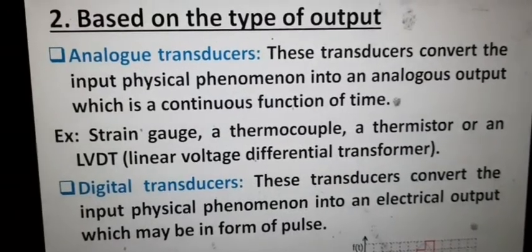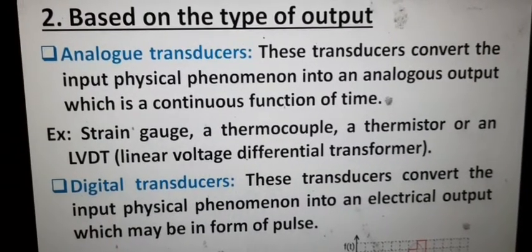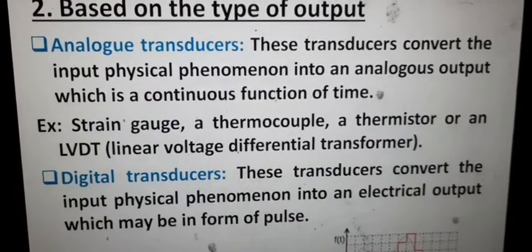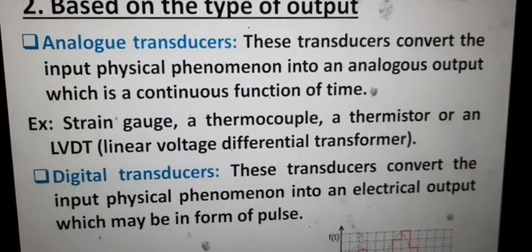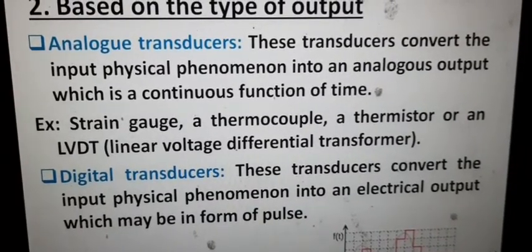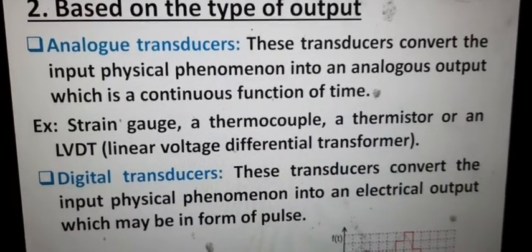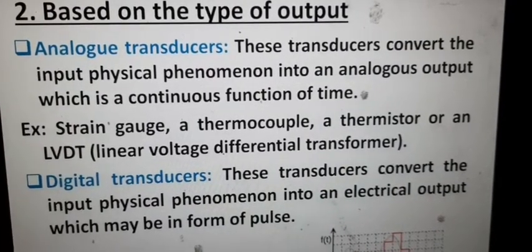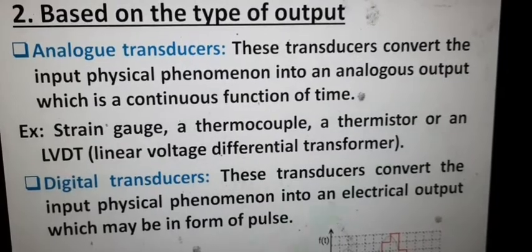The next category is based on the type of output. Based on the type of output, we can call it an analog transducer or a digital transducer. Analog transducers convert the input quantity, phenomenon or energy into an output which is in analog form.